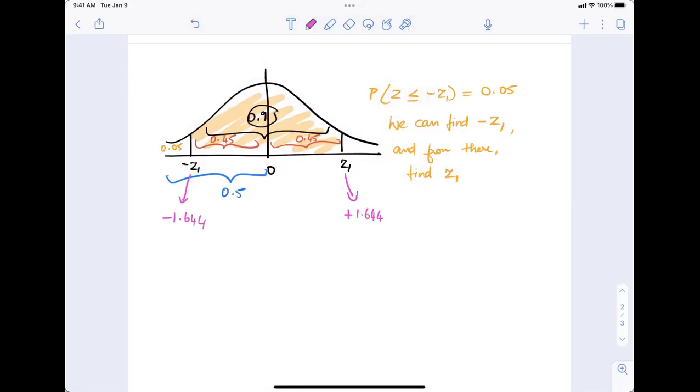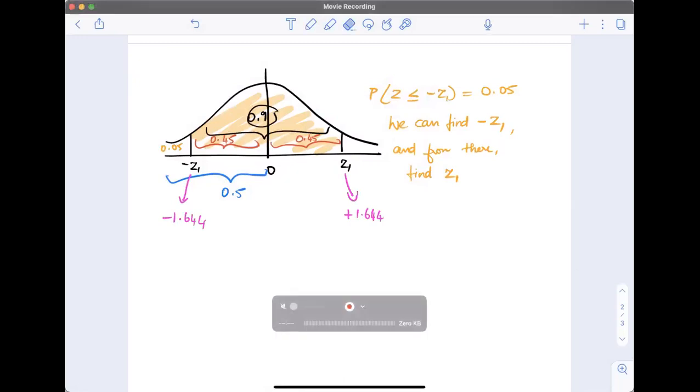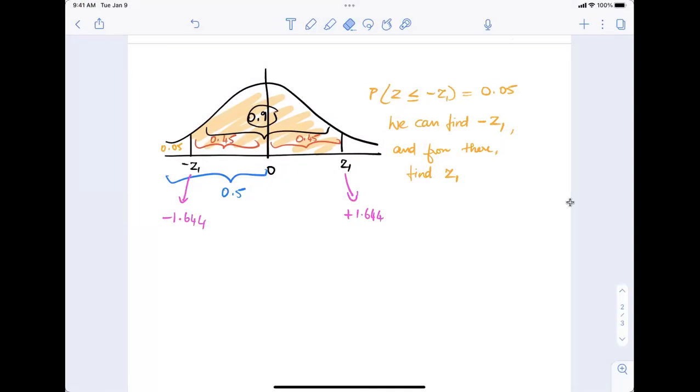And that's your answer. And that's how you solve this problem. So always visualize the normal distribution and understand what the question wants you to find. Once you visualize it, it's much easier to answer these questions. I have a couple more questions here, which I'll leave as an exercise for you. So good luck.